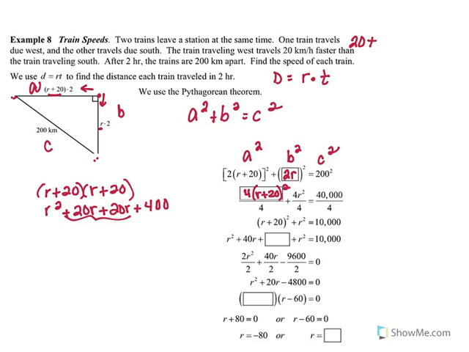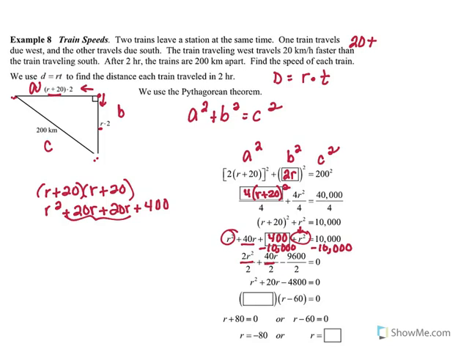I can combine like terms so that I get r squared plus 40r plus 400, plus our r squared here and our 10,000. I'm going to combine like terms and subtract all at the same time, because I'm going to have it set equal to 0. So I'm going to subtract 10,000. I have r squared and an r squared for 2r squared, plus 40r minus 9,600 equal to 0.